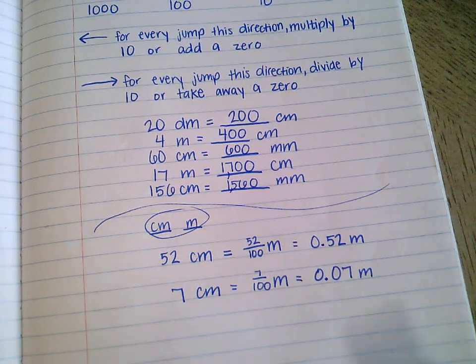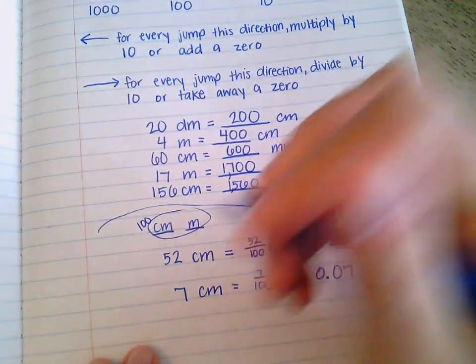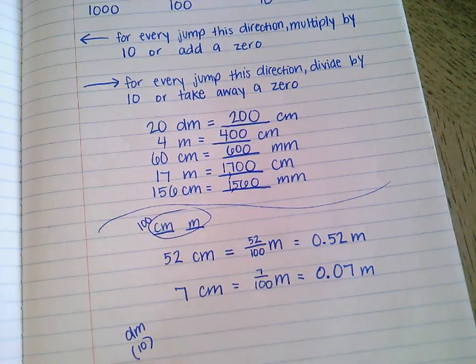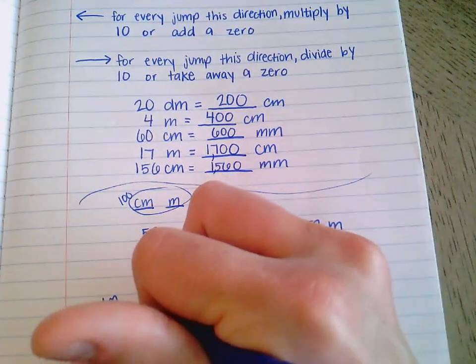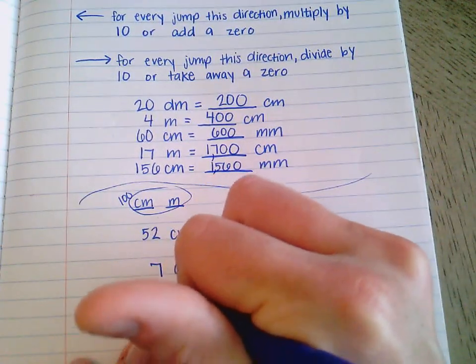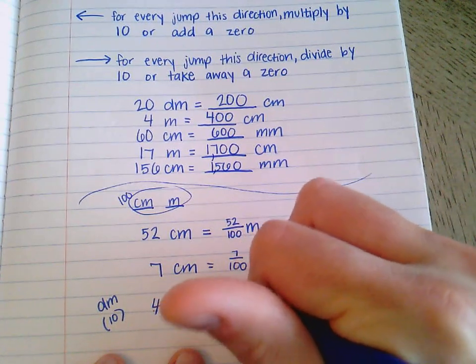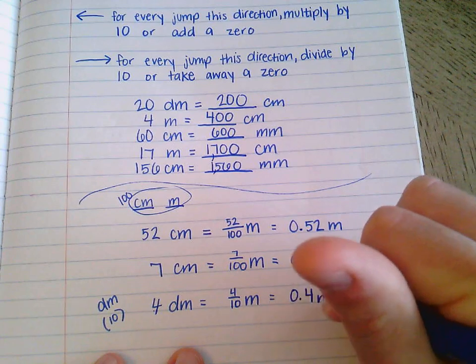Okay, and just like that, when centimeters are in hundredths, I know that decimeters are in tenths. So if I have, let's say, 4 decimeters, I know I have 4/10 of a meter, or 0.4 of a meter.